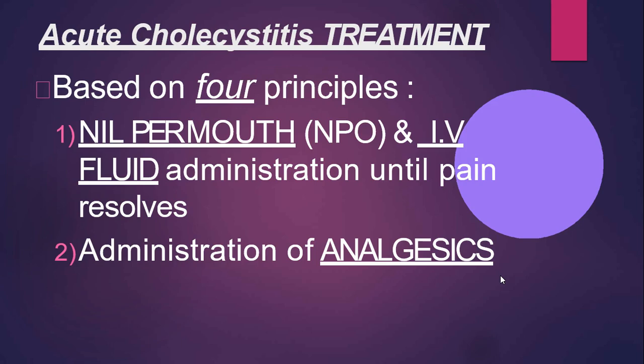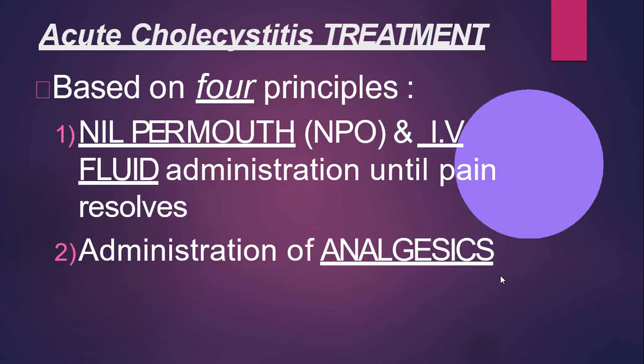Now here there are two schools of thought. One type of surgeon says if the patient comes within 24 hours with acute cholecystitis, you can go for the surgery. The second school of thought says in acute cholecystitis, first give conservative management and then do the interval cholecystectomy after 6 weeks.